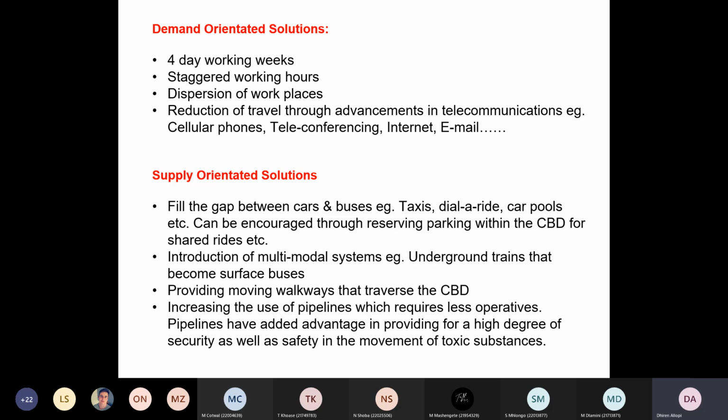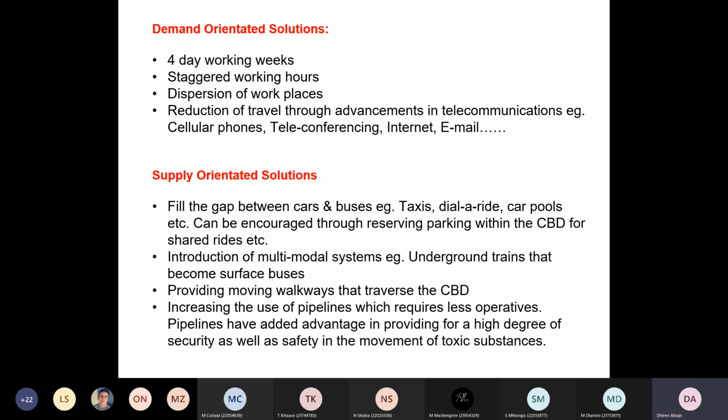Staggering your working hours certainly has taken off in some other countries. I know Australia, the Victorian model I spoke about, one of the components that they have introduced is staggering working hours, daylight saving. So there's various ways you could implement this.